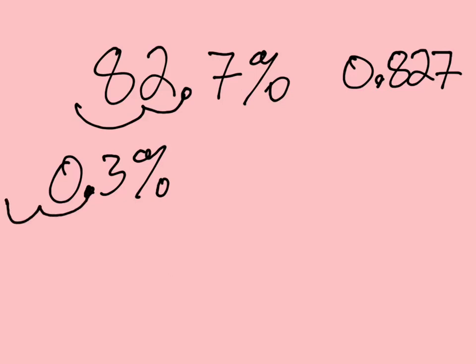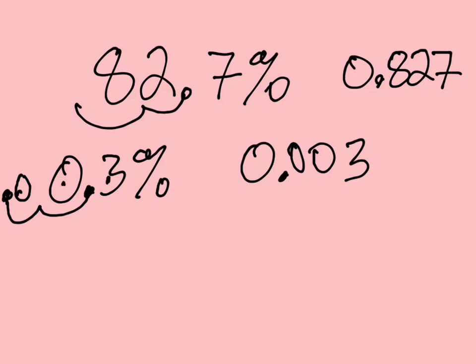So 1, 2, I need to append a 0 in there. So I get 0.003 because the decimal point ends up right here. And I've got 2 zeros after the decimal point and then my 3.